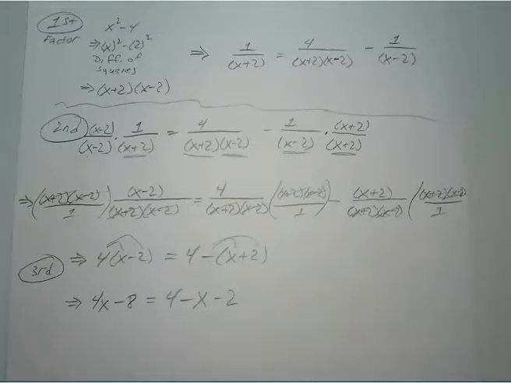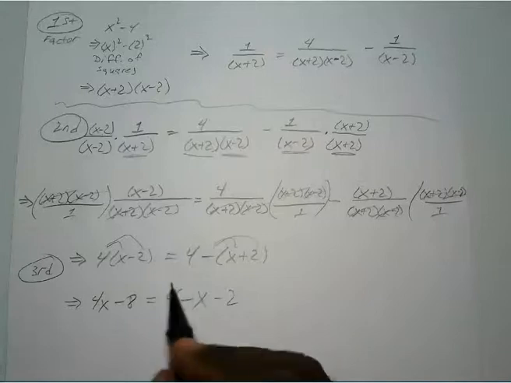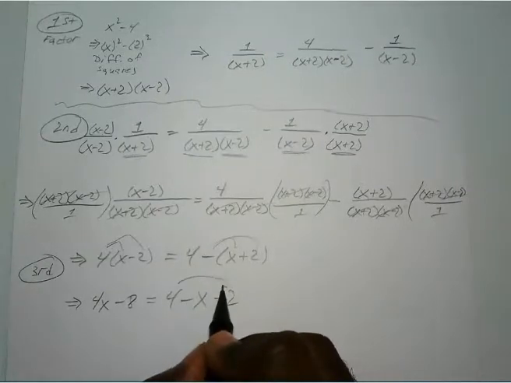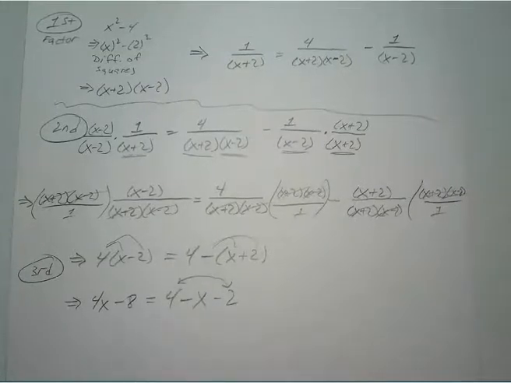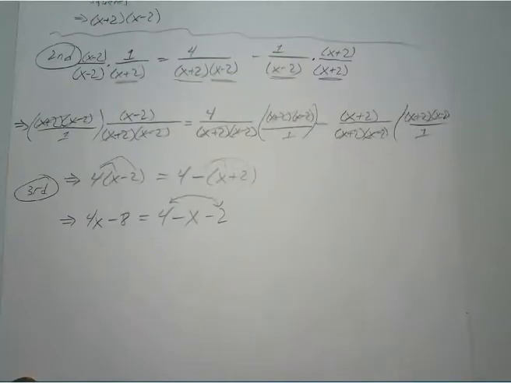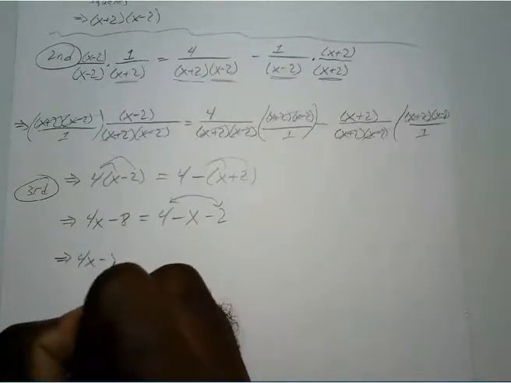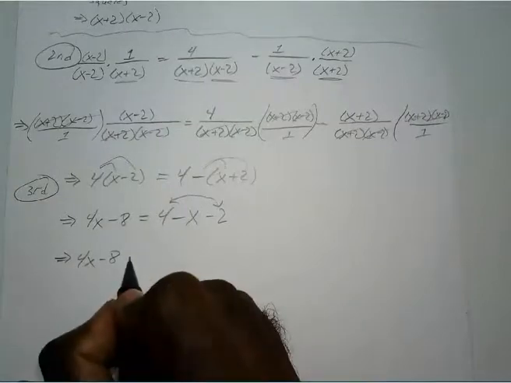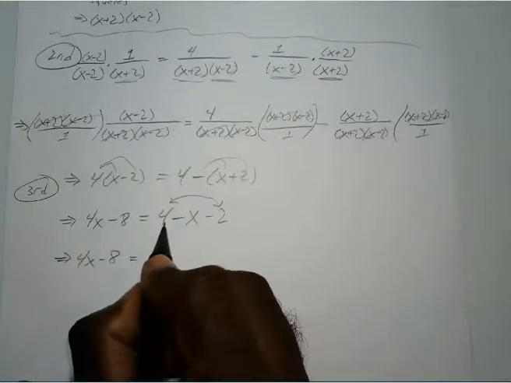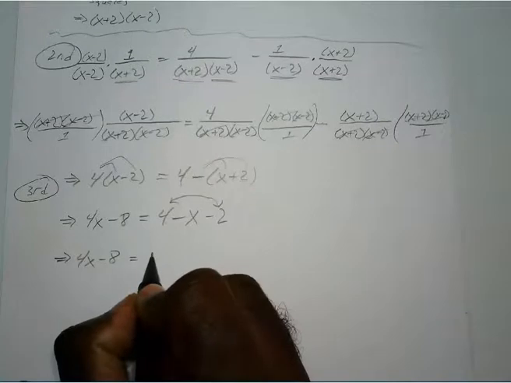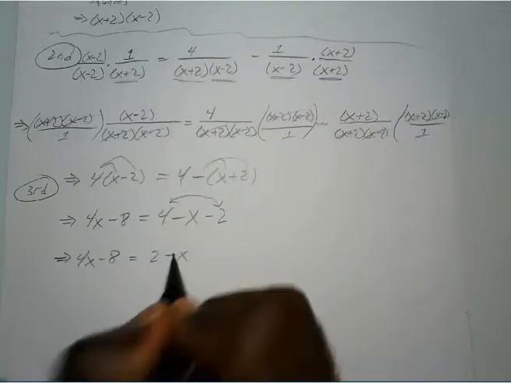So now we can start combining like terms and moving variable terms. If we combine those two, move that up a little bit, we have 4x minus 8 equals 4 minus 2 is 2. So you have 2 minus x.